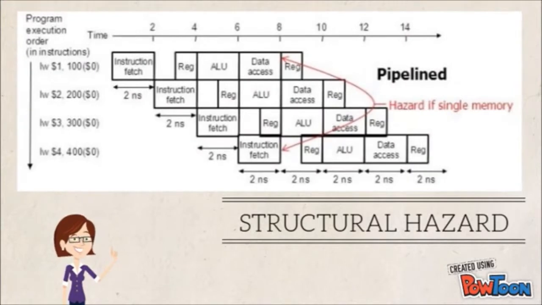Based on the figure above, it shows the construction of the structural hazards. The structural hazard is when two instructions need to access the same resources, and it also cannot simultaneously support all instructions in the pipeline at the same clock cycle.